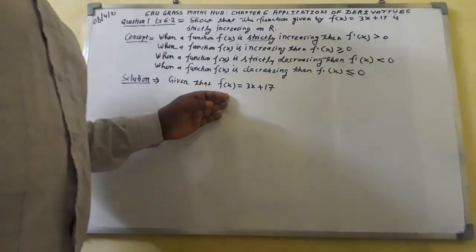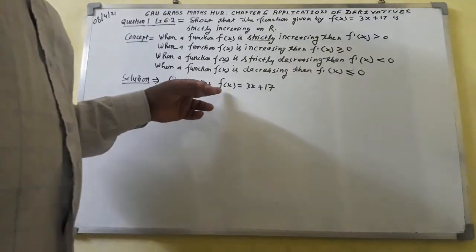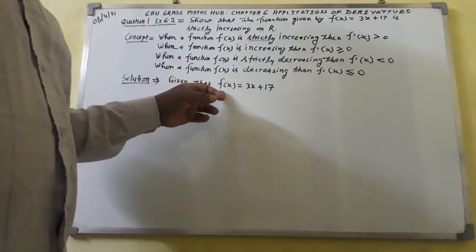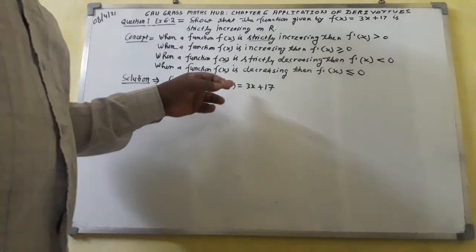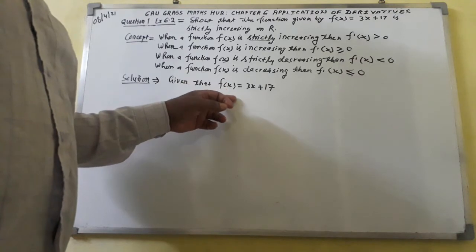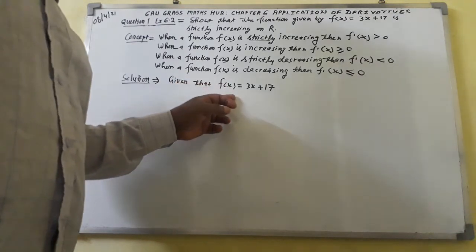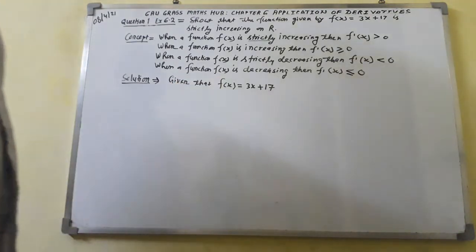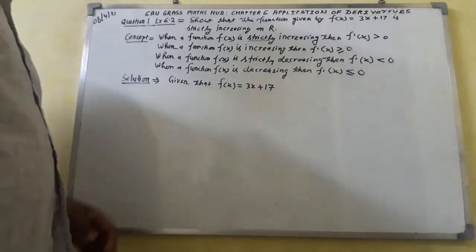Now what we have to do here? We have to judge whether this function is strictly increasing, strictly decreasing, or decreasing. So let us see what we'll do here.